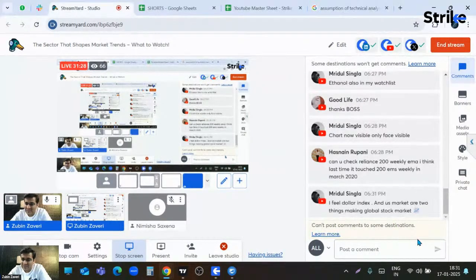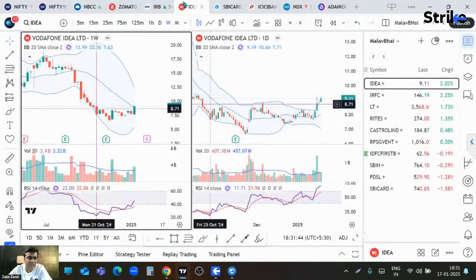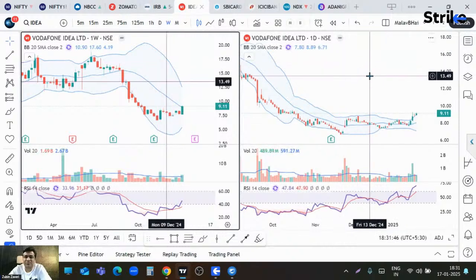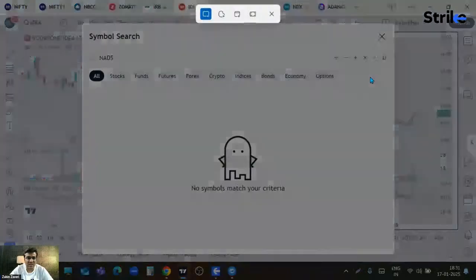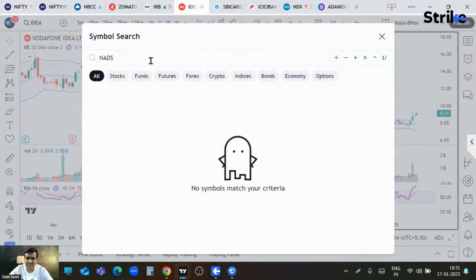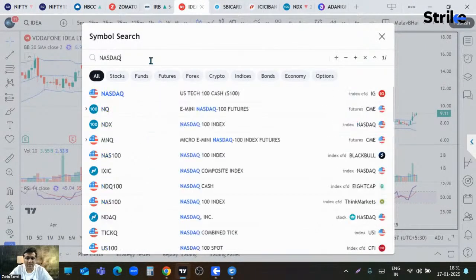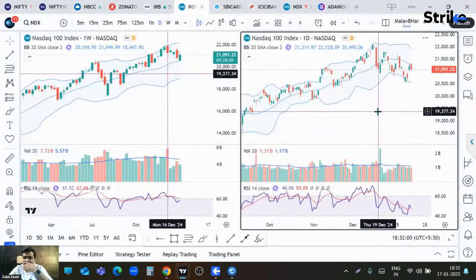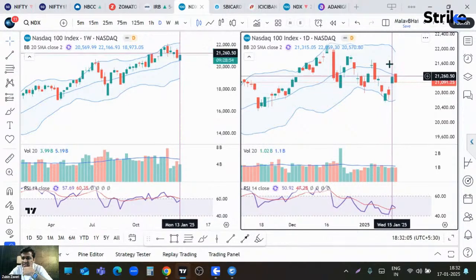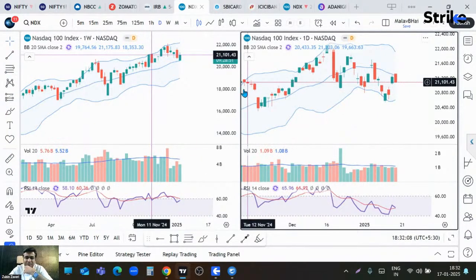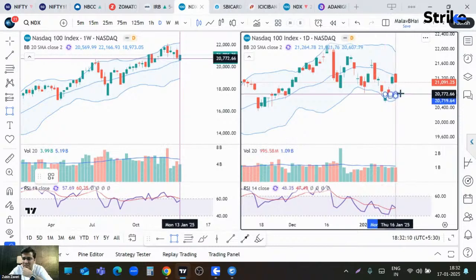I feel dollar index and US market are two things making global. Yeah, so there is some divergence if you look at the US markets right now. Let me see Nasdaq chart. So Nasdaq 100. On the daily chart, Nasdaq 100 over here gave a nice gap up opening yesterday.